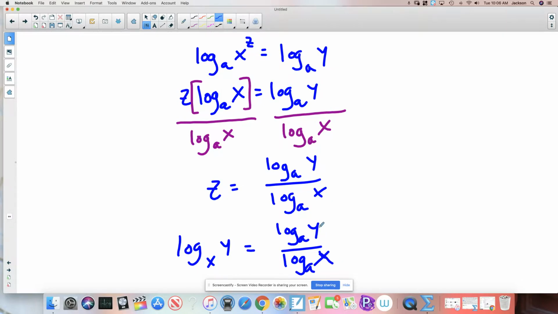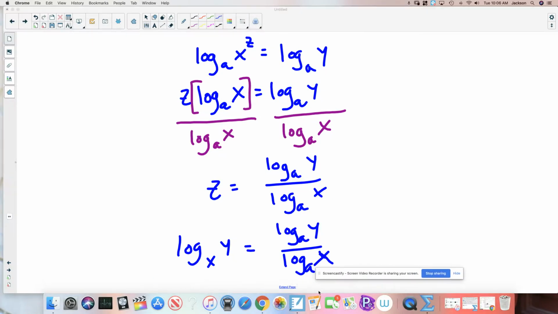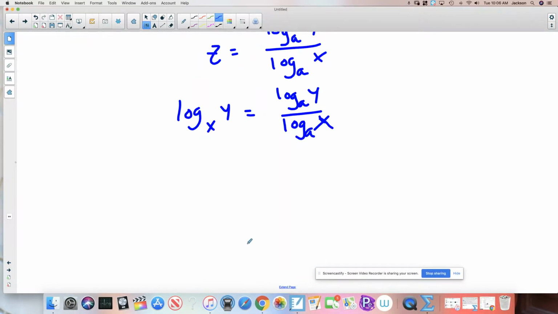And so the change of base formula, what it says is that you can take any logarithm, with any base, and you can represent that logarithm as a quotient of logarithms with a different base, right?